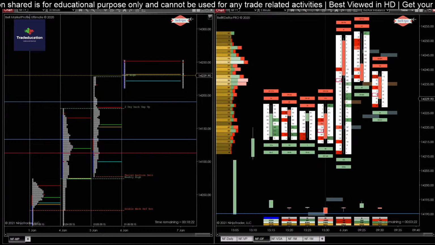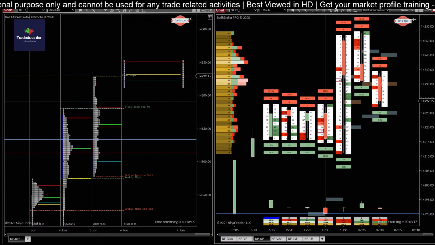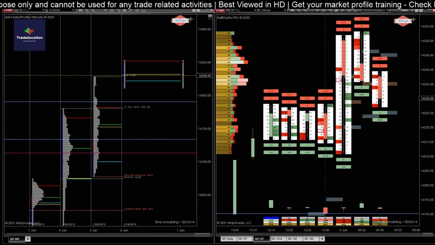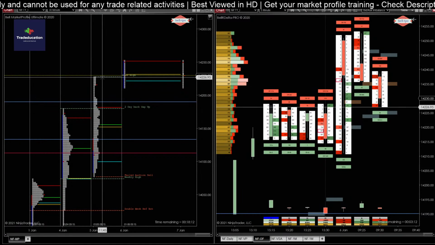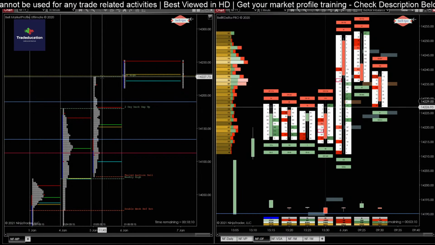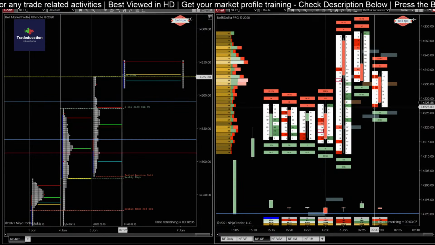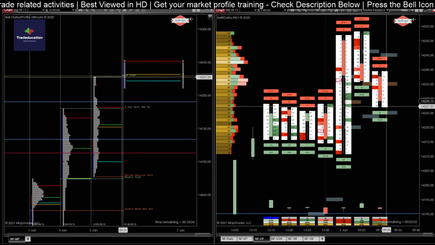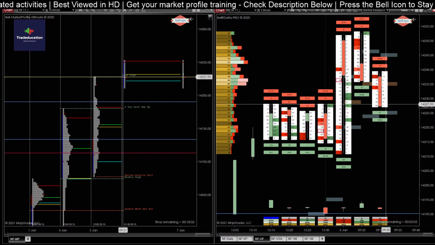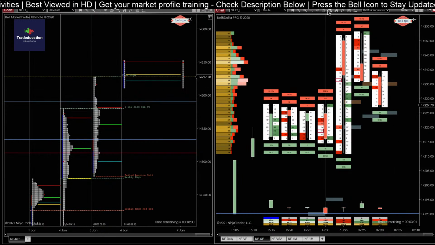So I'm waiting for sellers to step in, push the accelerator hard. It's just tagging yesterday's high. That's what I'm looking at. If you see this, it's just tagging yesterday's high, and who is coming here? Who is buying here? Okay, so it should go lower.